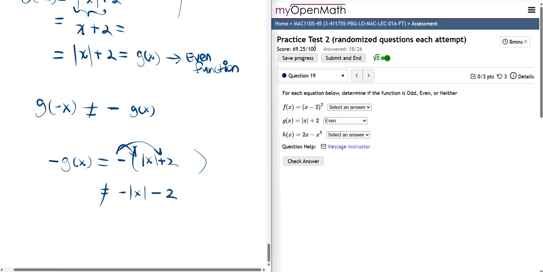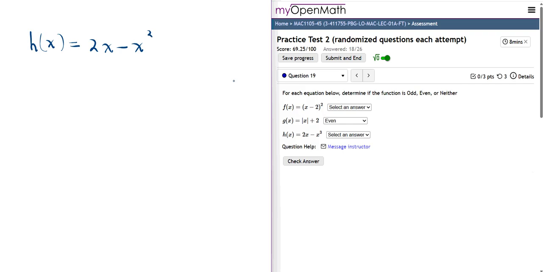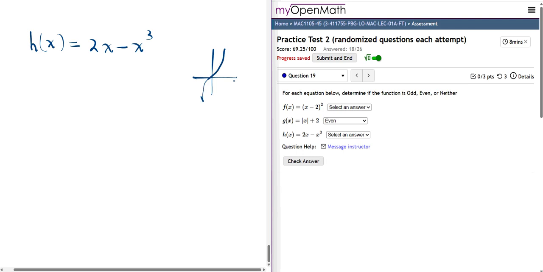Okay, so now moving on to the next one, h of x. h of x is equal to 2x minus x cubed. Now, is that even or odd? Well, I'm not sure, because I know that if it was just x cubed, that's odd.